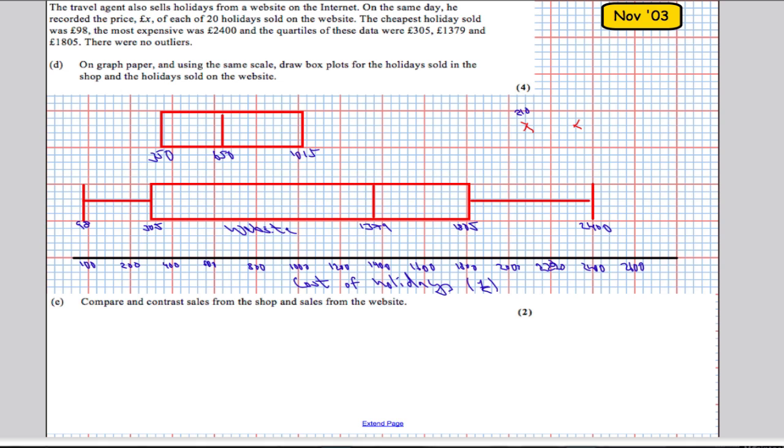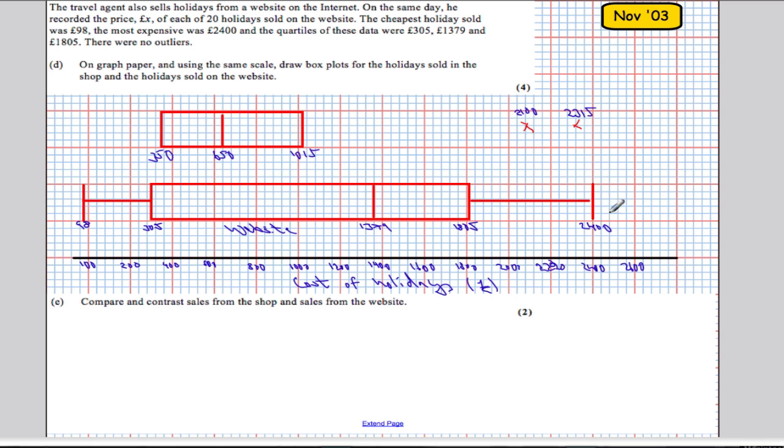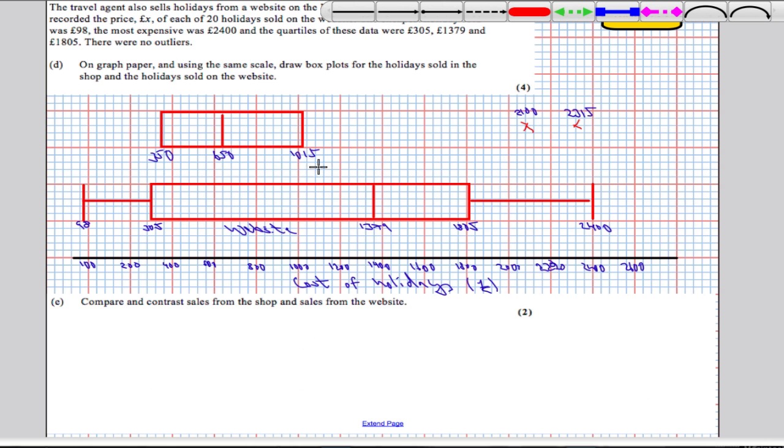The highest value that's not an outlier is 1050. 1050 is where we need to go to, round about here.